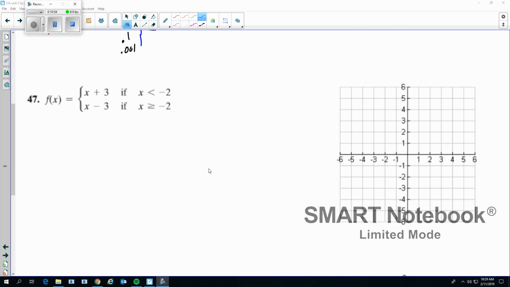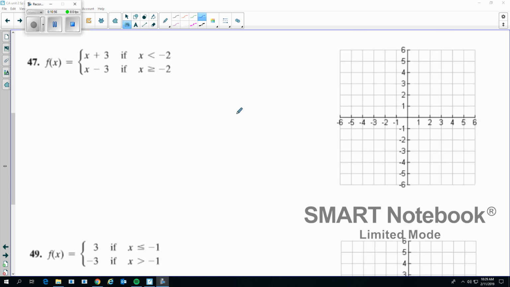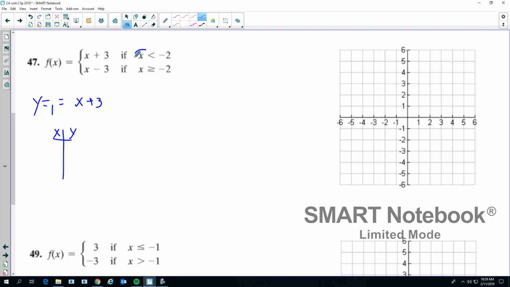All right, let's try a couple more of these. Here are our parameters. Once again, I'll label this first one y1 equals x plus 3. We want to make a little table for when the x values are less than -2.